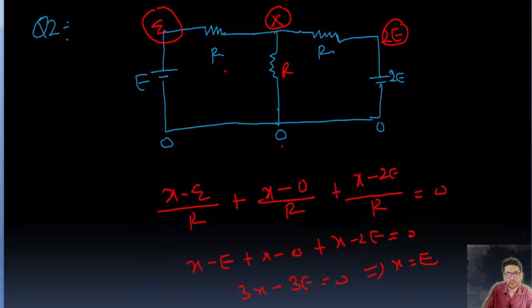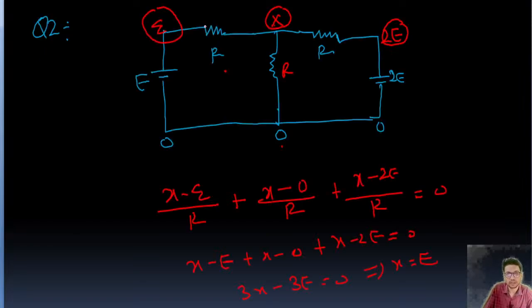Next page. So we can say this current is I1, this is I2, and this is I3, and this is I2. Okay, so from here I1 is going to be simple. I1 is x minus e upon r, right?